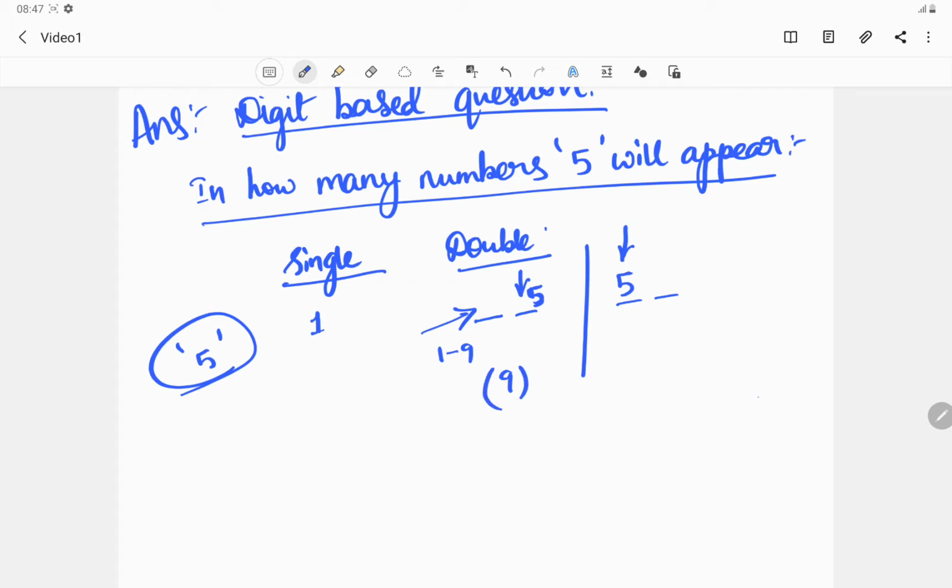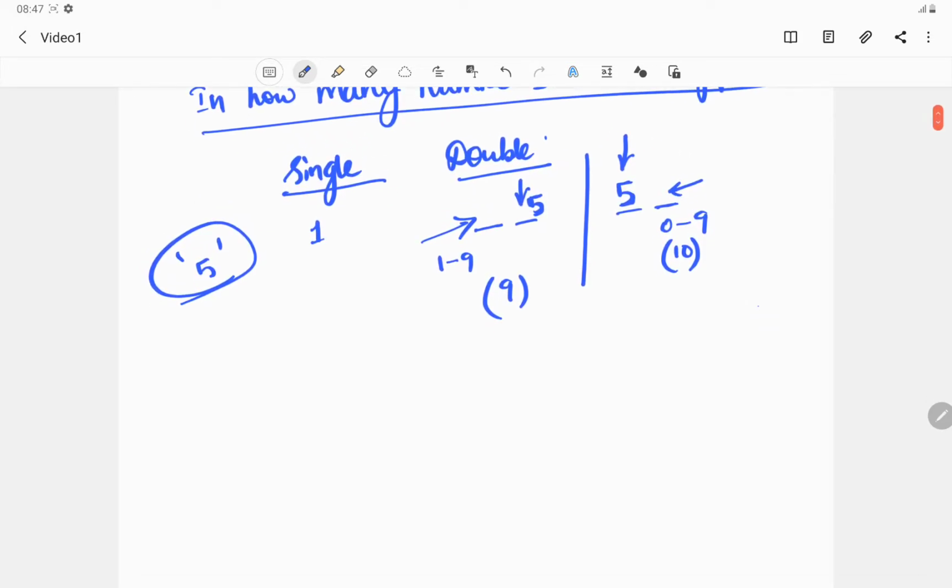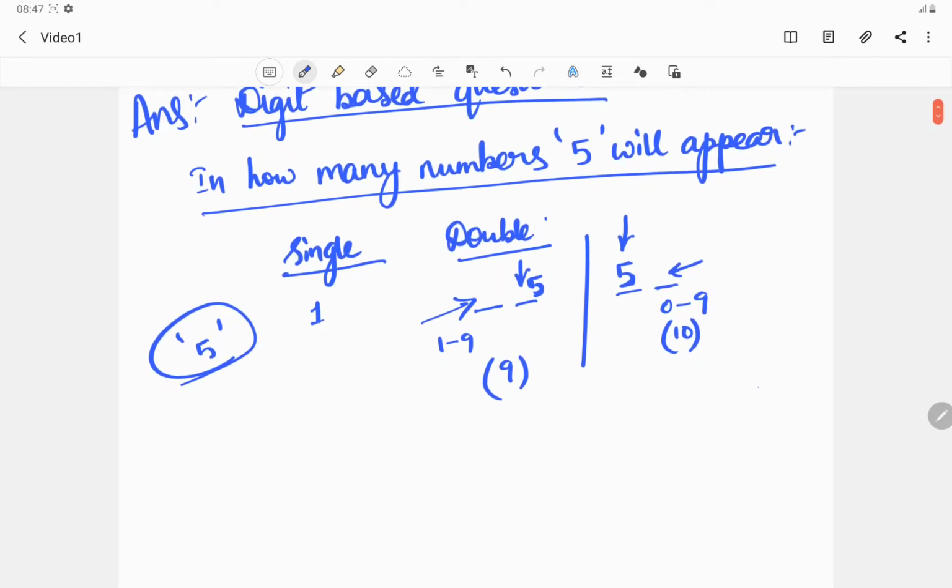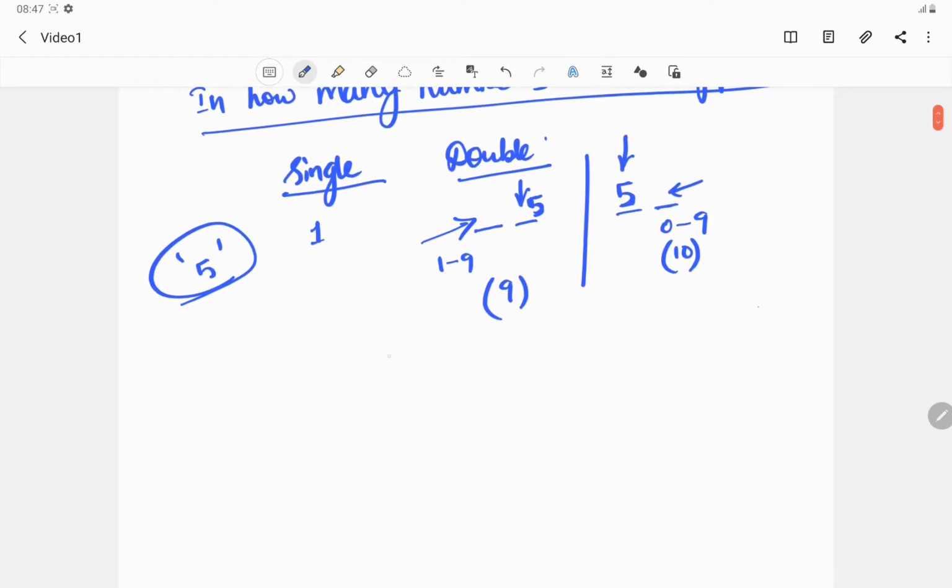Now when 5 is in tens place, we can fill the units digit with options from 0 to 9. So we have a total of 10 options. The numbers that contain 5 are 1 plus 9 plus 9.